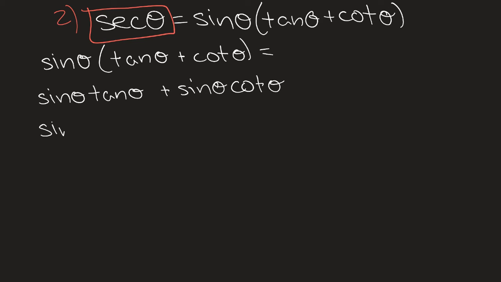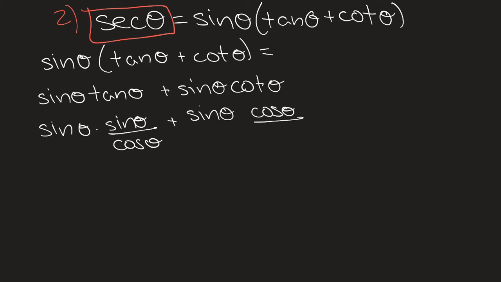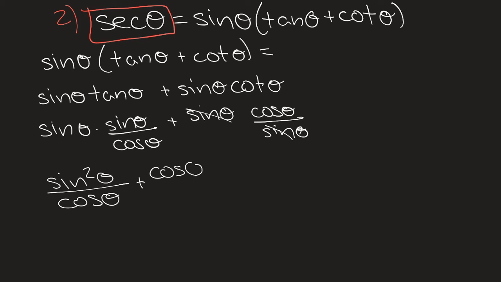I'm going to change this into sine times sine over cosine plus sine times cosine over sine. Now from here, I've got a sine squared theta over a cosine. And the sines cancel on this one, and I just have a cosine theta over 1.